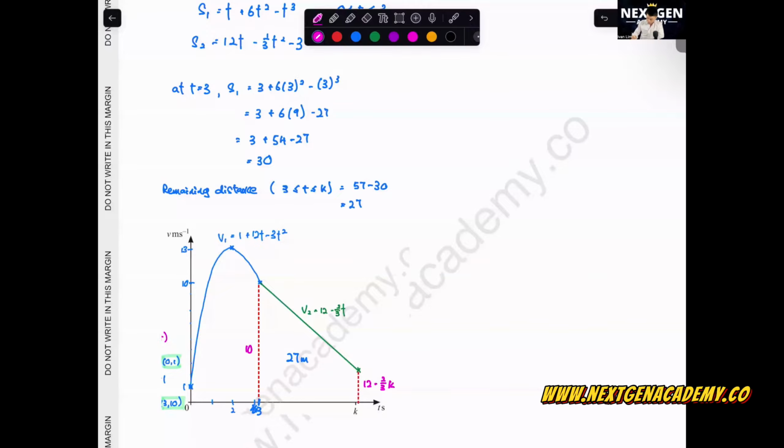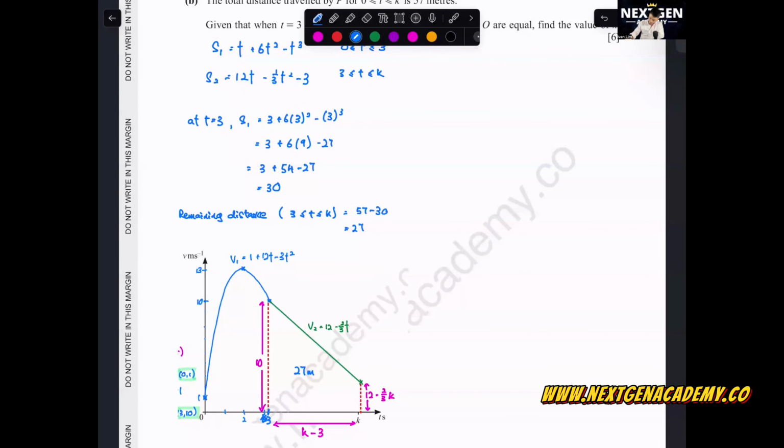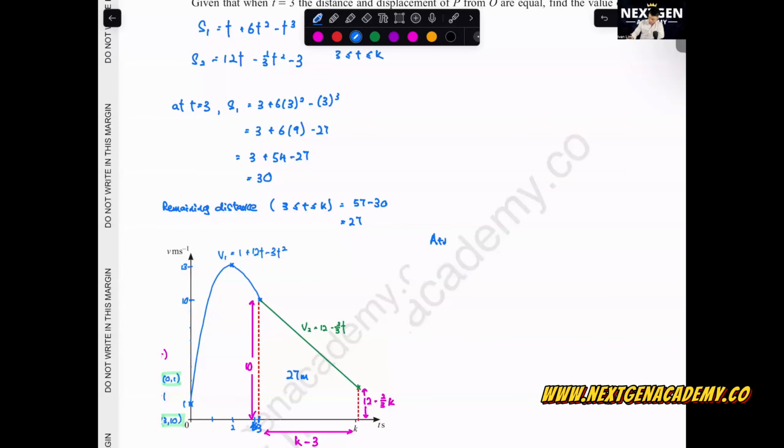And this part here is k minus 3. You can all draw it out. Area of the trapezium is half times a plus b times height. So it becomes half times 10 plus 12 minus 2 over 3k, times k minus 3, equals 27.